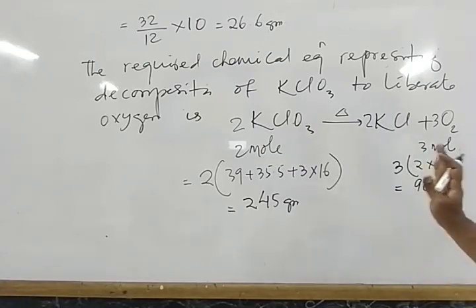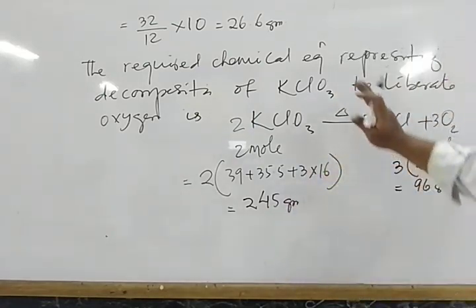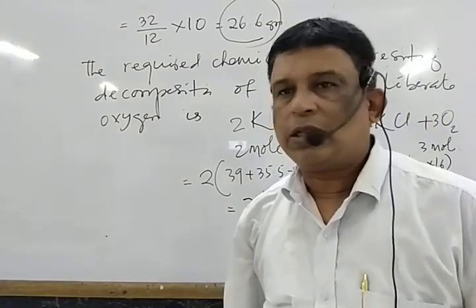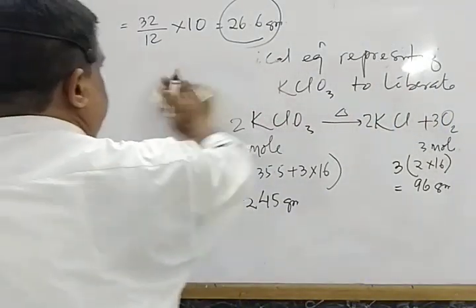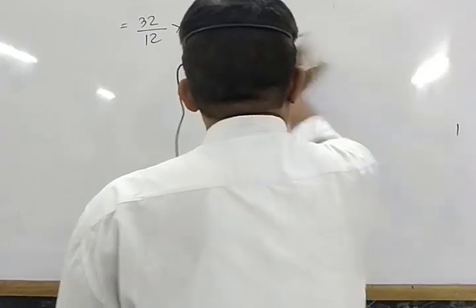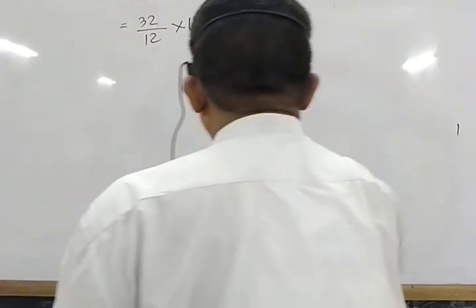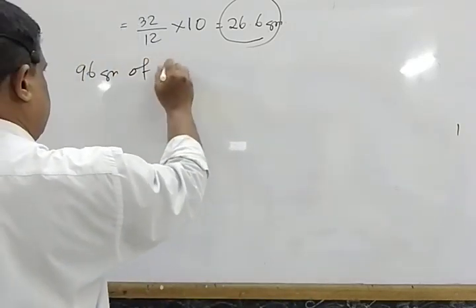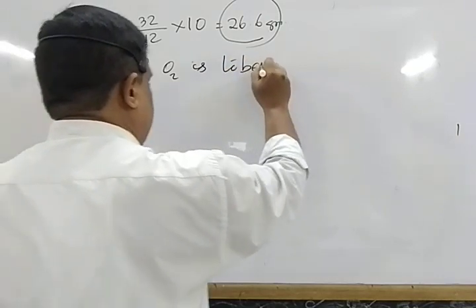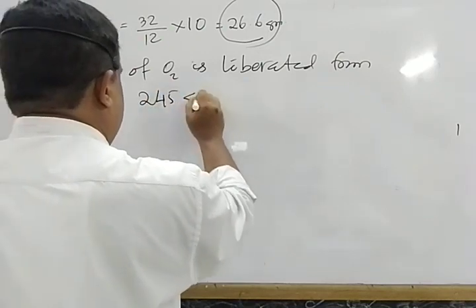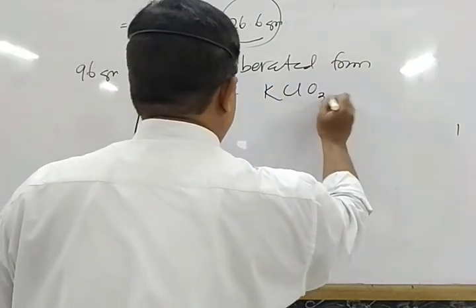Then 96 gram of oxygen is liberated from 245 gram of potassium chloride. The question is, 26.6 gram of oxygen is liberated from what quantity of potassium chloride? That means we write: 96 gram of oxygen is liberated from 245 gram of potassium chloride.